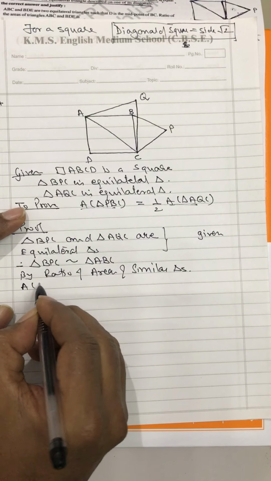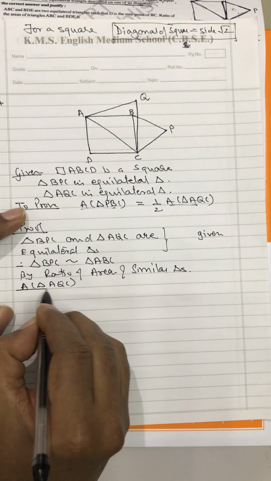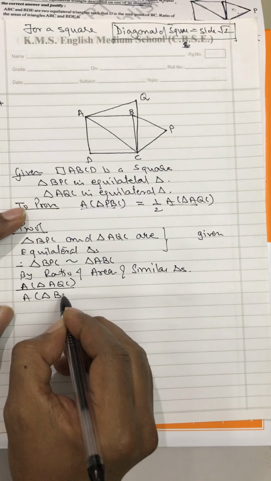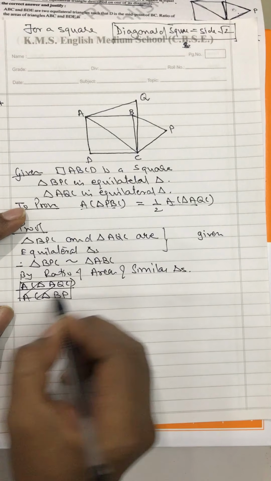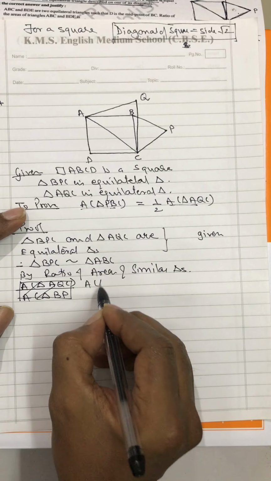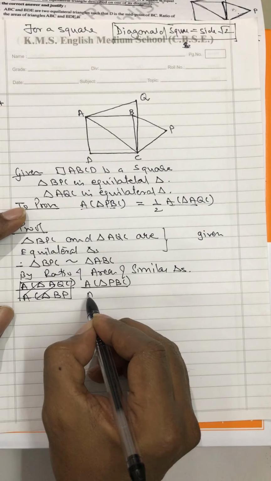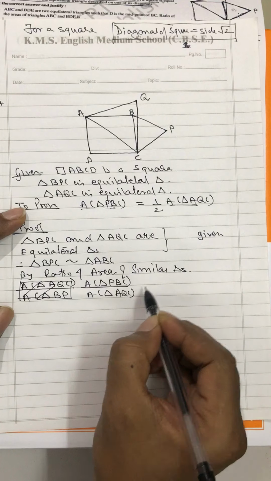So you will get area of triangle AQC upon area of triangle BPC. Actually, I will better take BPC up because it is required up. Area of triangle PBC upon area of triangle AQC.